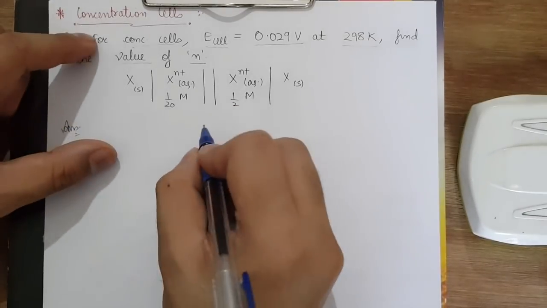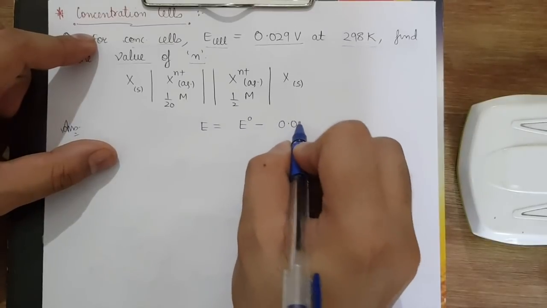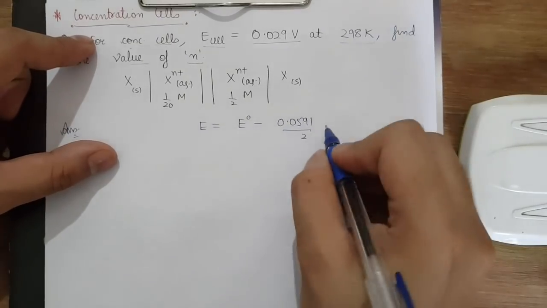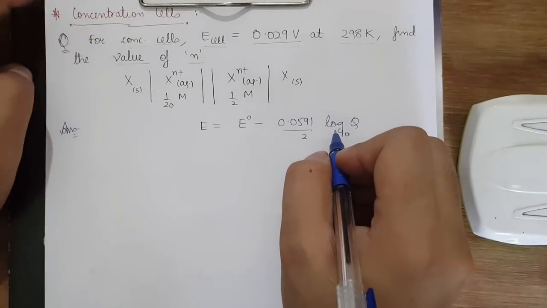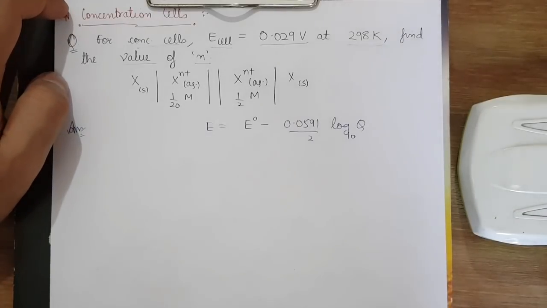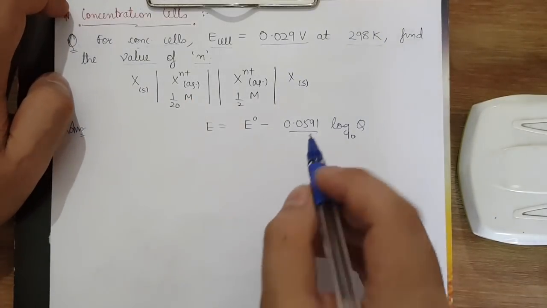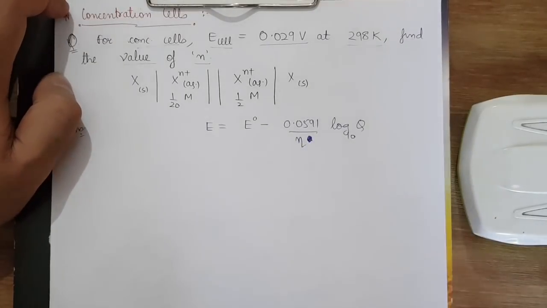In order to find the value of n, we know that E is equal to E naught minus 0.0591 upon n log of Q to the base 10. This is the basic equation which you all know from the Nernst equation part. Here n has been mentioned for a general equation.